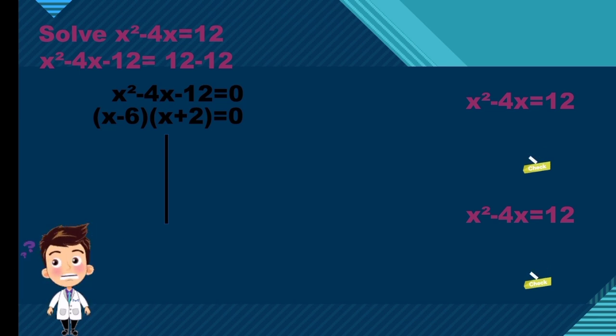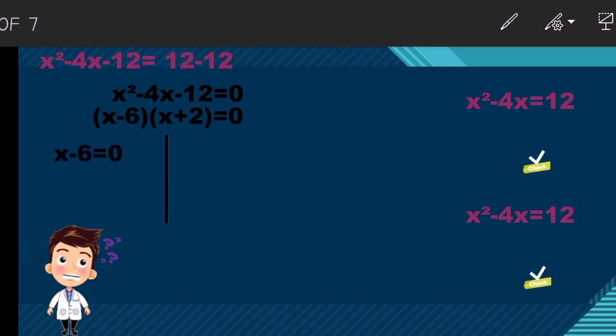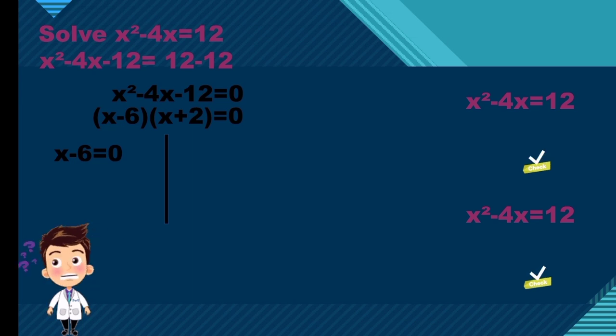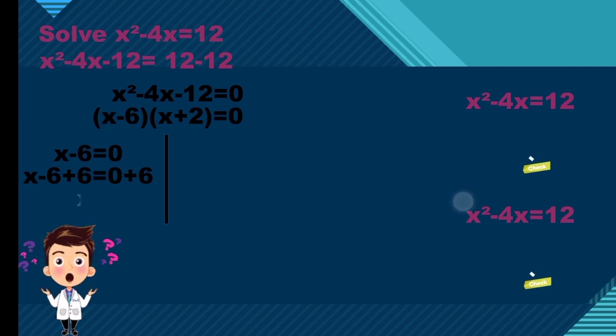Factoring out x minus 6 and x plus 2. So x minus 6 is equal to 0. Then we use the additive inverse: x minus 6 plus 6 is equal to 0 plus 6, so x is equal to 6.